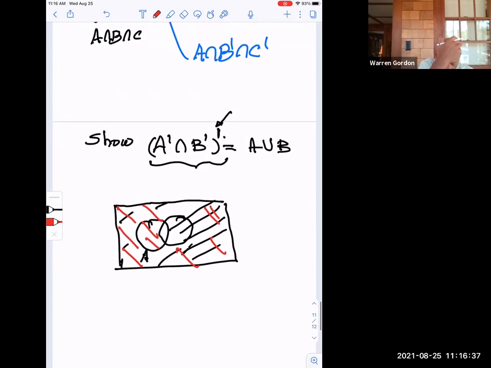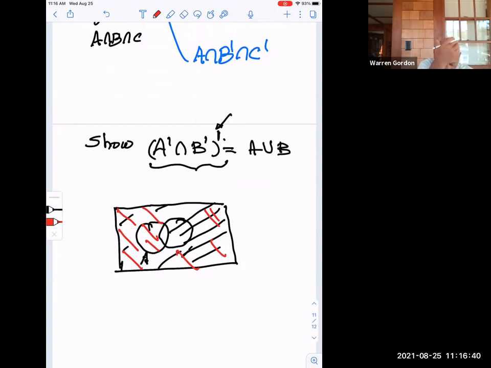Let me get it. A complement is everything outside A, B complement is everything outside of B. So I've given you their intersection.